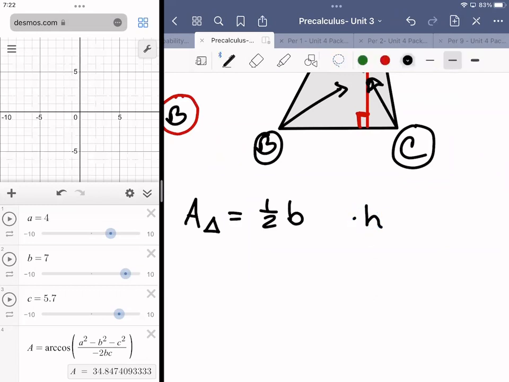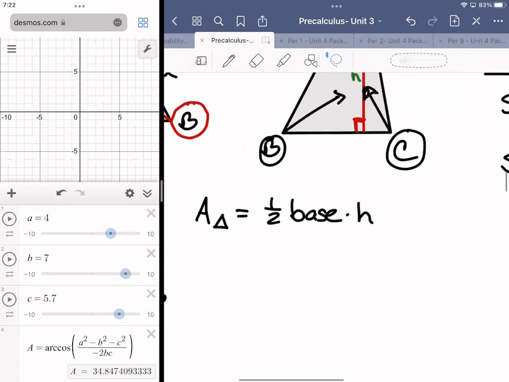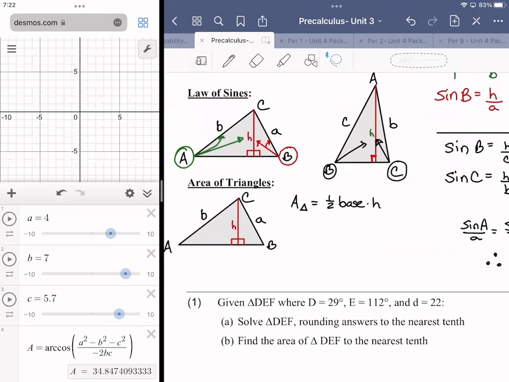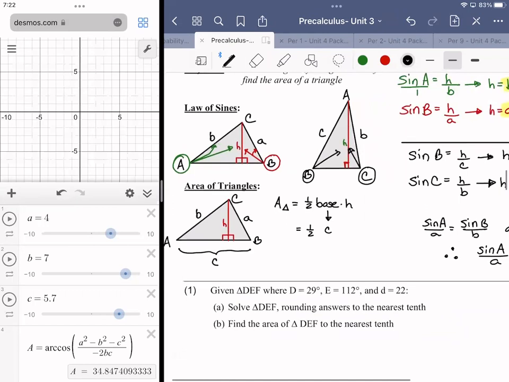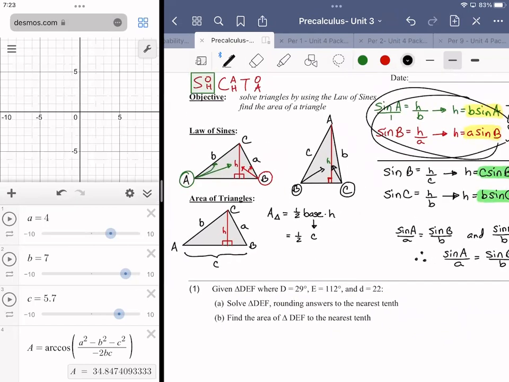I'm going to write that as the full word base, so as not to be confused with side B, but the H is still H. So the base itself in this triangle has a length of C, because it's opposite angle C. I'm sorry, angle C. So the base in this triangle would be C. The height in this triangle, because remember, these ratios came from this triangle, so either definition of H would be satisfactory.